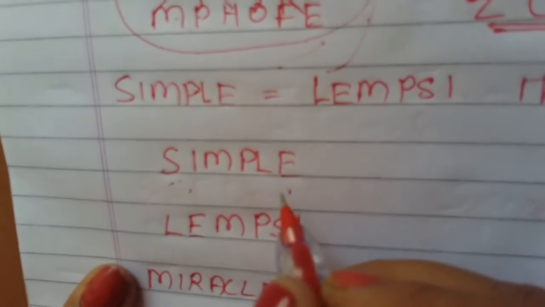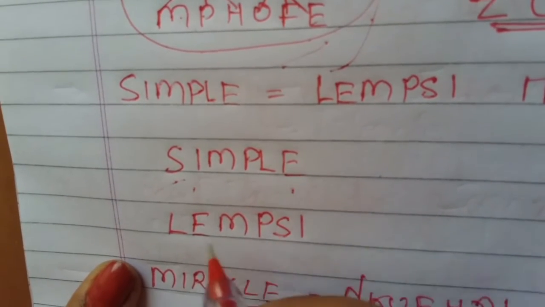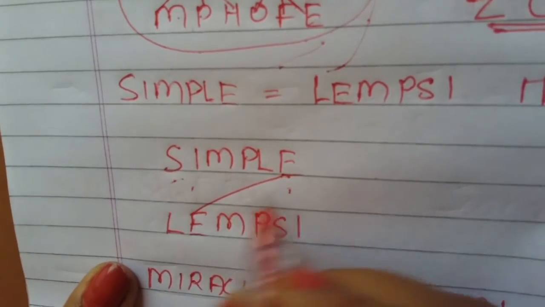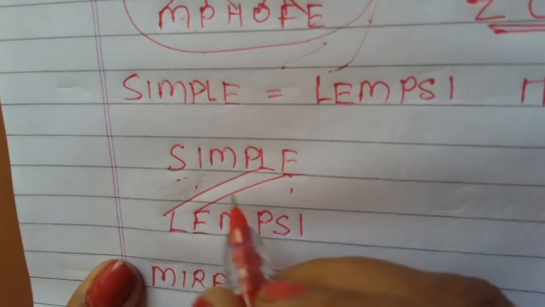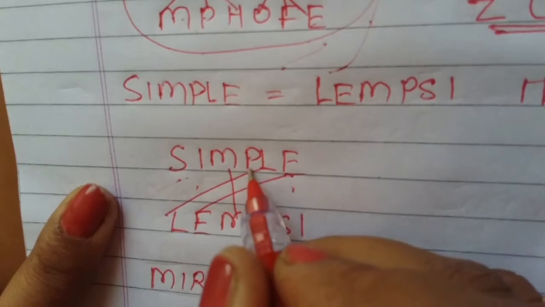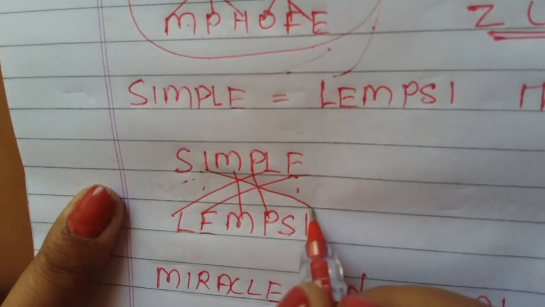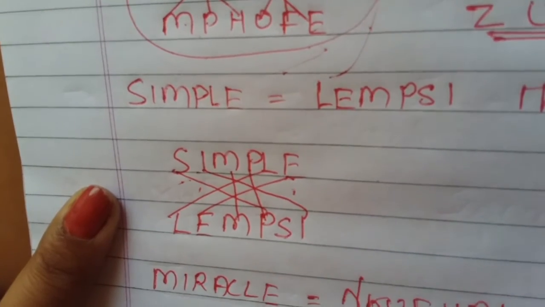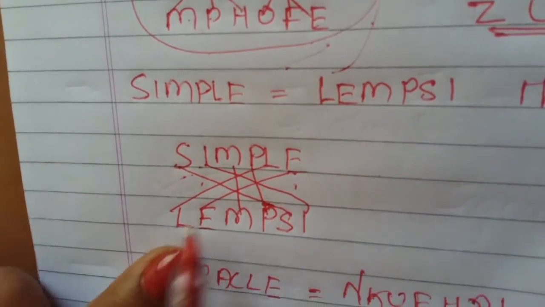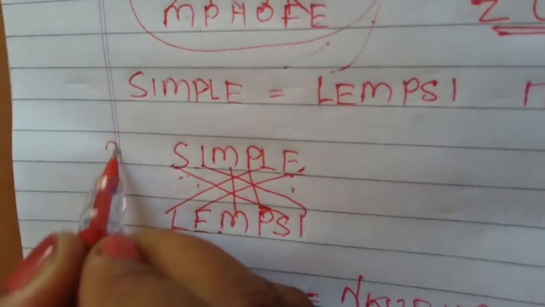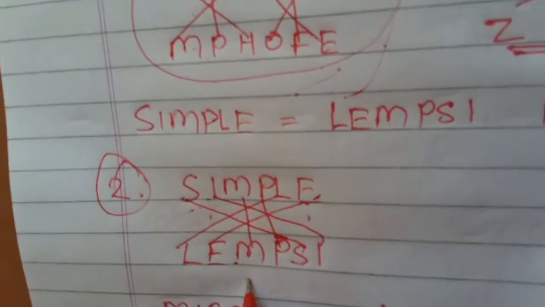So first we have to find out the pattern. The pattern is like this: LE, E, LL, MM, PP, I, and S. This is one of the second patterns of coding decoding.